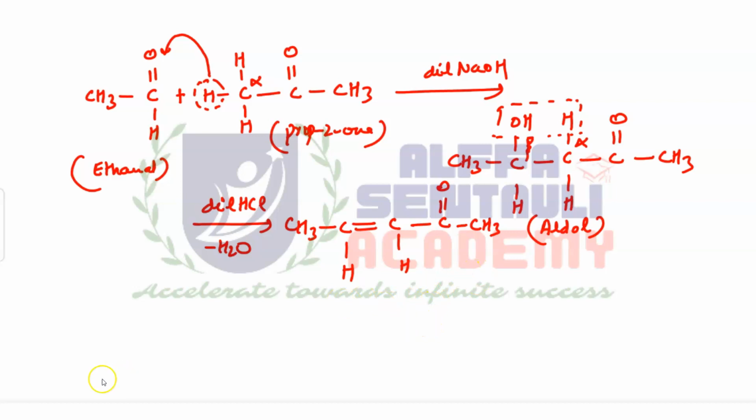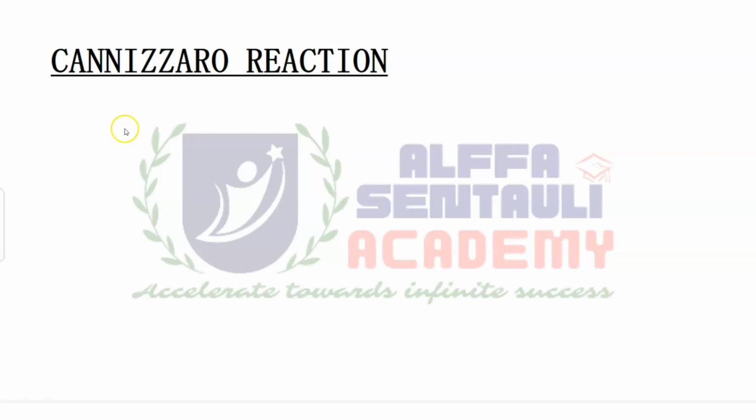Have you understood? So far we have discussed the reaction known as the aldol condensation reaction. What was the limitation in the aldol condensation reaction? It was possible only with those compounds which have an alpha hydrogen atom, at least one alpha hydrogen atom.